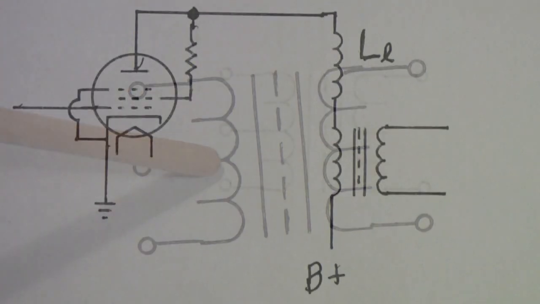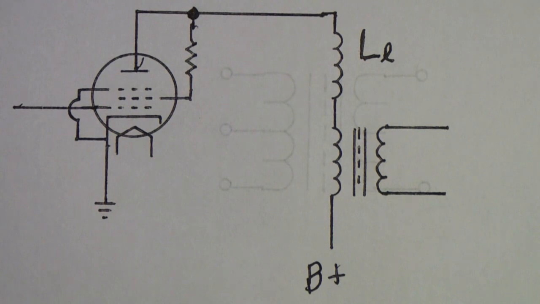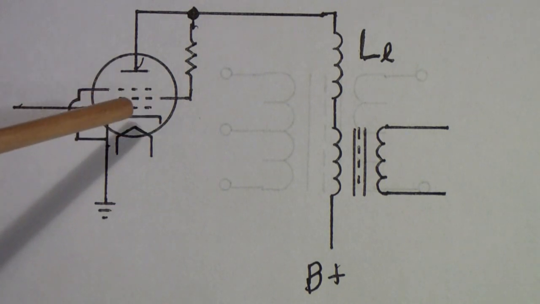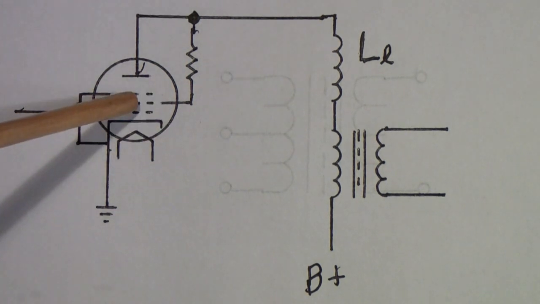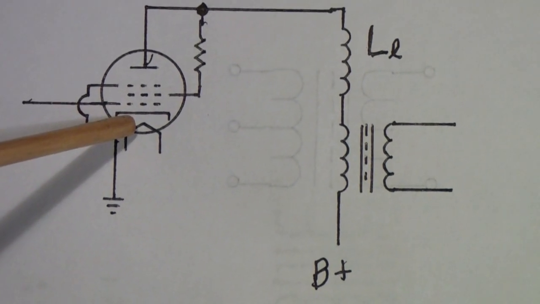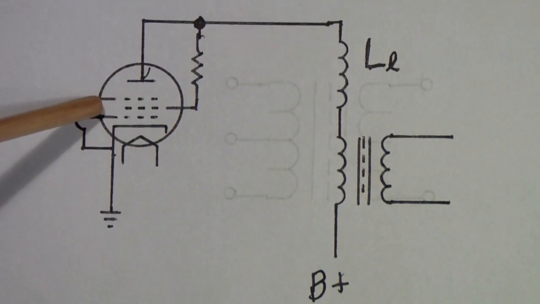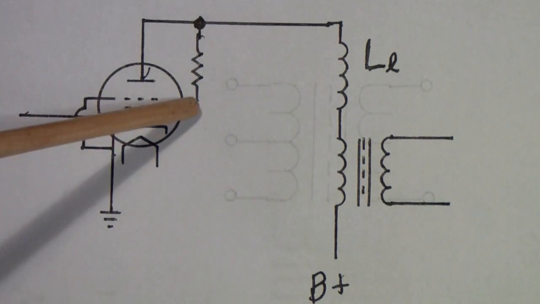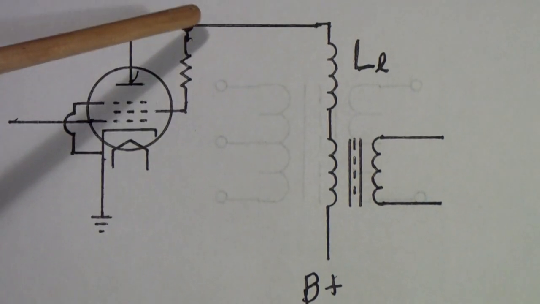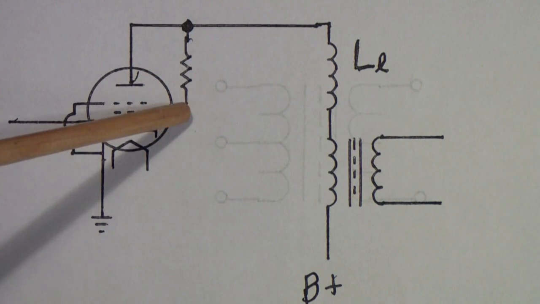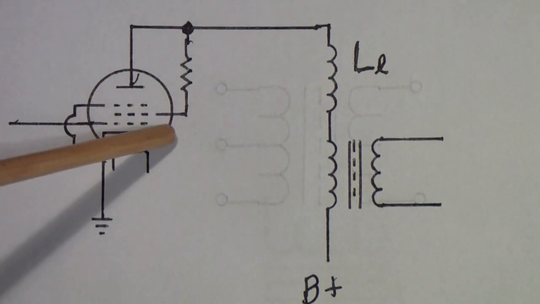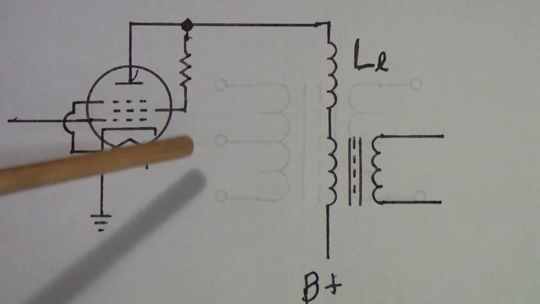Here is a typical circuit where we're using a power output tube. This could be either a triode or it could be a pentode, as in this case, where the screen grid is connected to the plate supply through a resistor. Normally this would also have a bypass capacitor and other things.